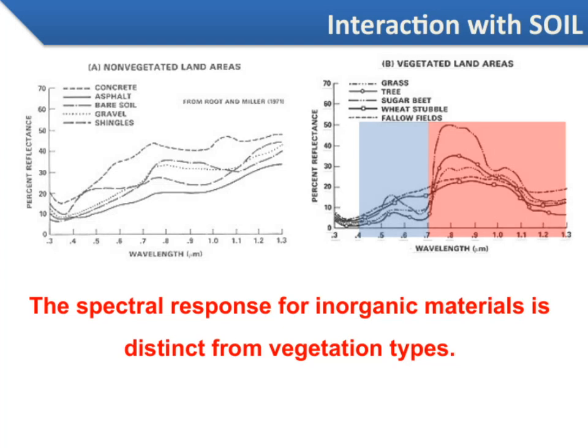Let's talk about our interaction with soil now. When we look at the spectral response, you'll notice that inorganic materials, like soil, have a distinct signature compared to vegetation types. This difference is really important because it helps us identify and differentiate between various ground covers in remote sensing data.